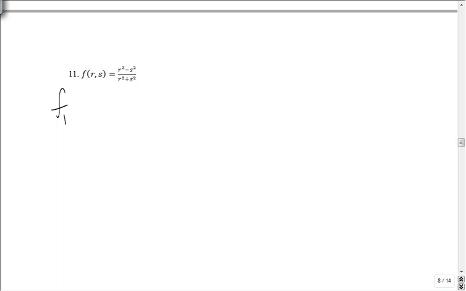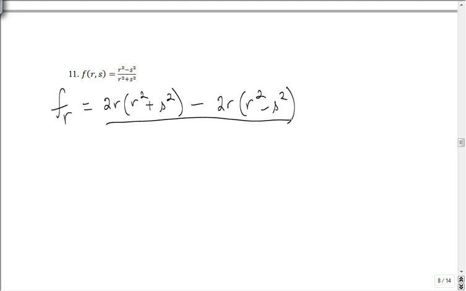The partial of f with respect to r. Quotient rule. Partially differentiate the numerator with respect to r. What do you get? 2r times the denominator, minus, partially differentiate the denominator with respect to r. What do you get? 2r times the numerator, all over the denominator squared.